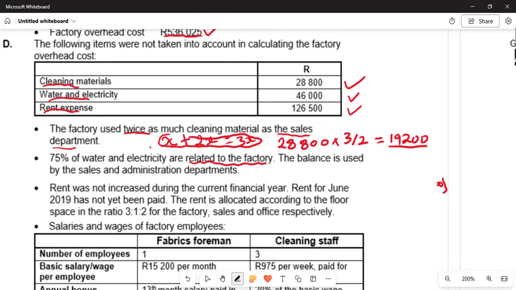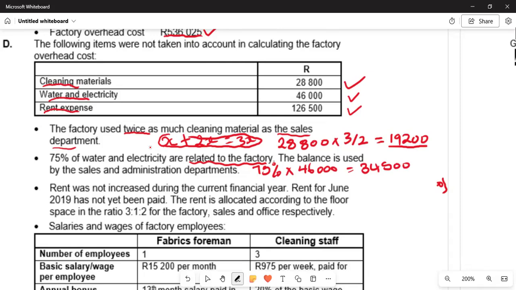So we are going to say 75% multiplied by 46,000, which will give us 34,500. That is the amount for water and electricity.